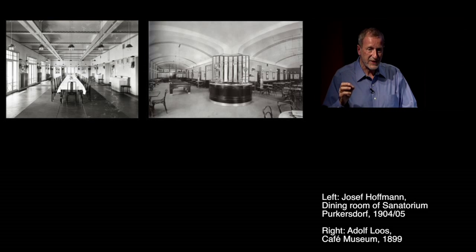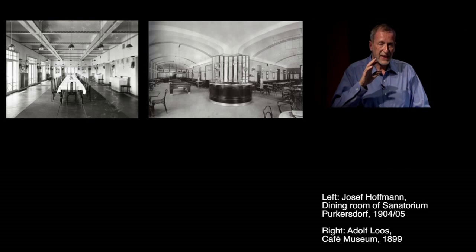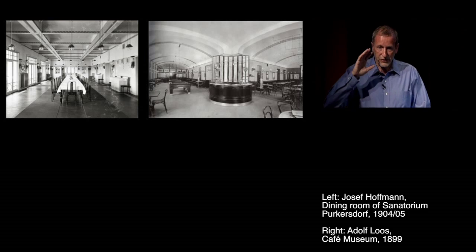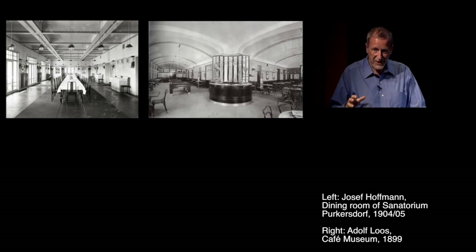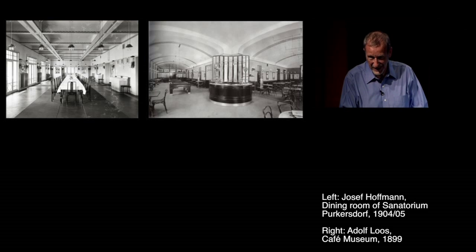It's also interesting that, okay, they admire the ideas of Morris, the secessionists, they admire Ashbee and so on, but who becomes the real hero for the Viennese, for the secessionists? It's Mackintosh. And Mackintosh is not part of the arts and crafts movement, really.